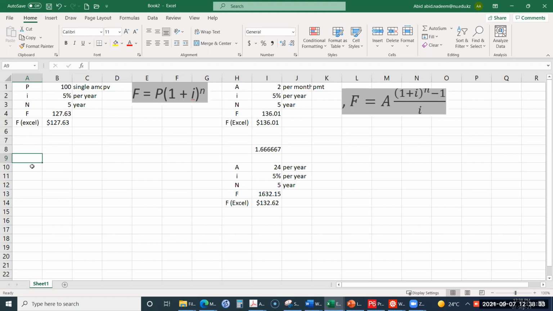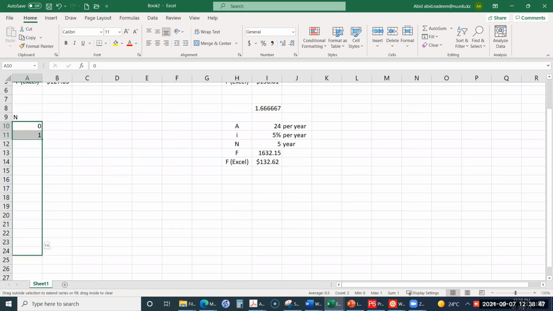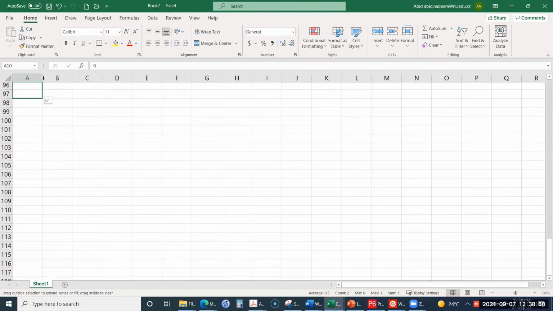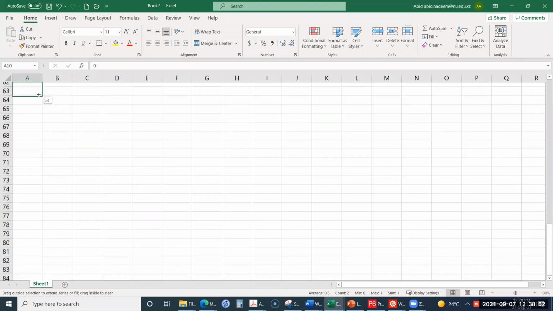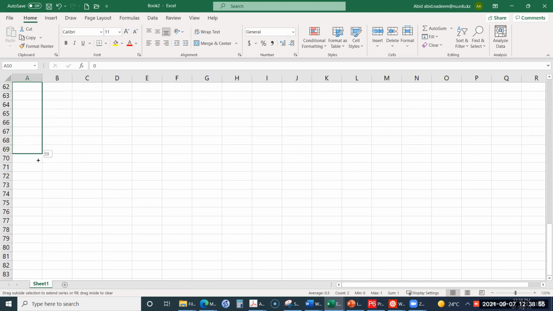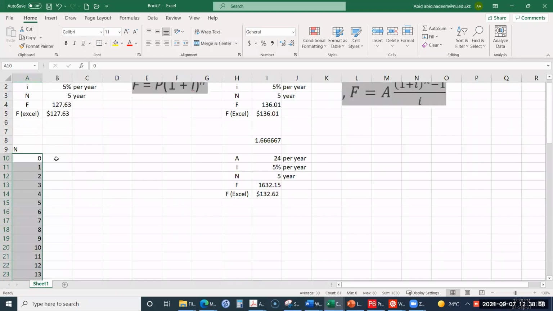In this case, what I can show is the number of periods: 0, 1, and how many will we go up to? 60. Okay, so what is the initial amount over here? The amount over here is 0, and over here.